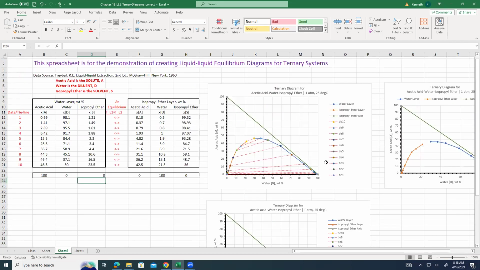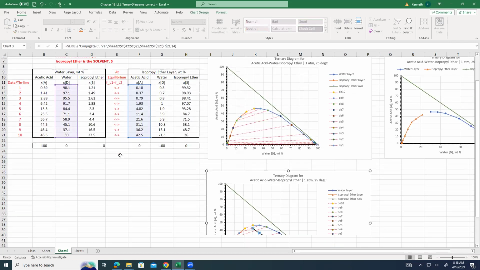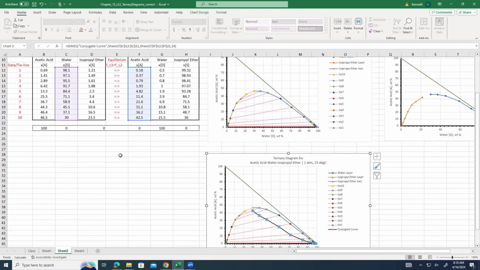And what this conjugate line is used for is that whenever you have these diagrams, a lot of the times you might not have these individual points. So if we had a point where we'd want to find the equilibrium concentration, we would need to use that conjugate line.